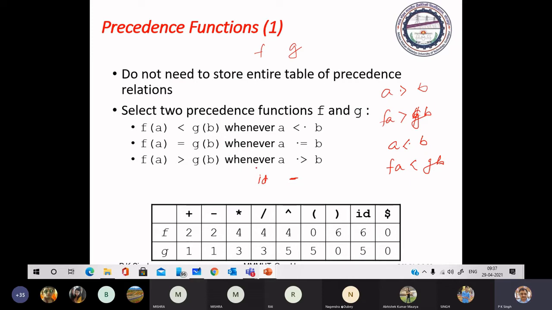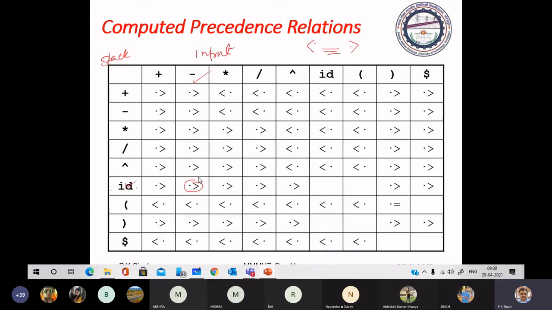We have to look for f of ID and g of minus. f of ID is 6 and g of minus is 1. So 6 is greater than 1, so the relation between ID and minus is this: ID has precedence over minus. And you can see we have this relation.